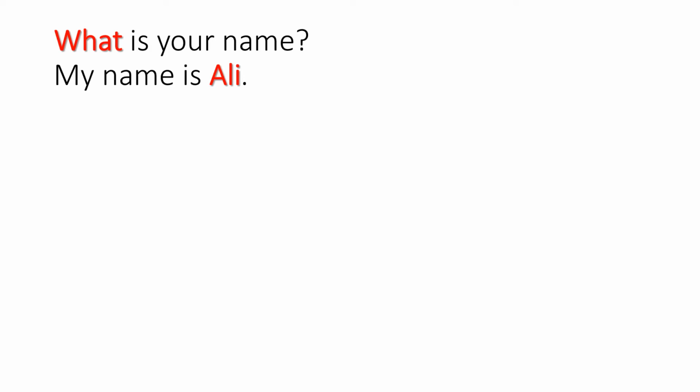This question is called a WH question because the question starts with the word what, and the first two letters WH. So we call these WH questions, which means we ask about information. So what information am I looking for here? The name. So the answer should give me a name. My name is Ali. So Ali is the answer, is information.